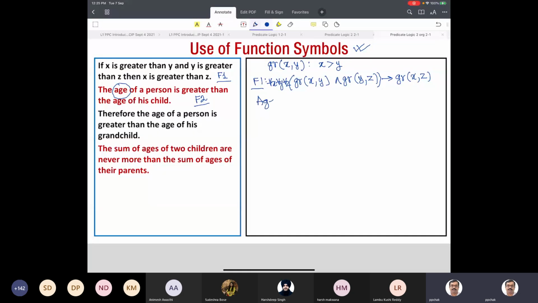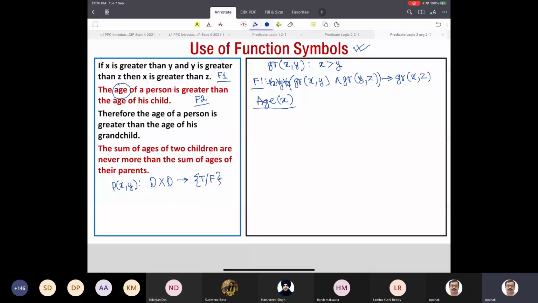So I will define a function age x, which will return a value from the domain. What is the difference between a function and a predicate? A predicate P(x, y) is a mapping from D cross D to {0, 1}: true, false.